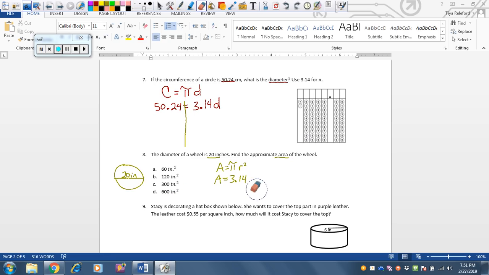You might try it just with 3 and see if you get close enough. Here, I'm going to write 3 in parentheses. That way we don't get confused. So 3. What is the radius? If the diameter is 20, the radius is, yep, 10.